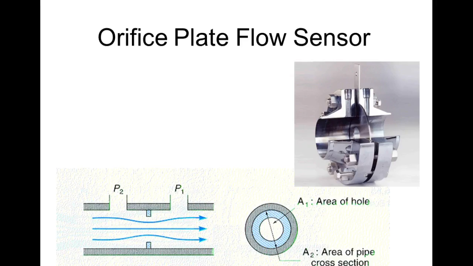This is an orifice plate flow sensor. Basically, we just put an orifice in there. What it does is create a high pressure side and a low pressure side. And we use a differential pressure sensor across those two outputs. The differential pressure would be calculated as flow. This usually takes a little math.